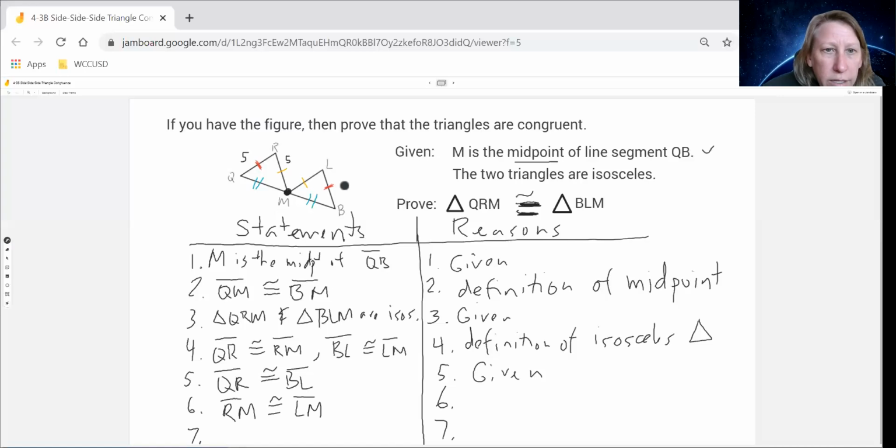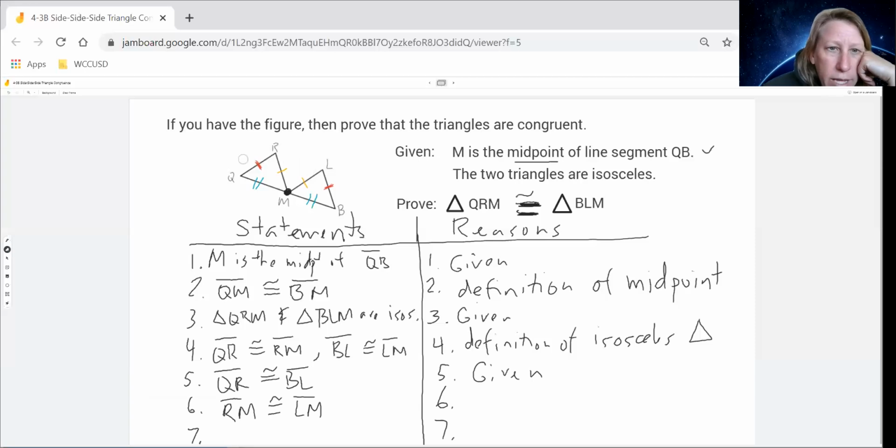If BL is 5, then LM is also 5. And because we know QR is the same as BL, they're both 5, we can say that RM is the same as LM. They're both 5.